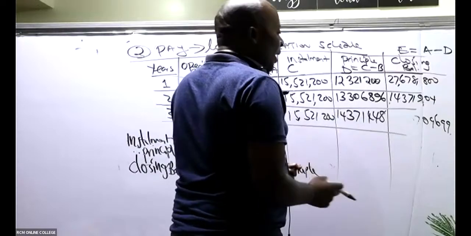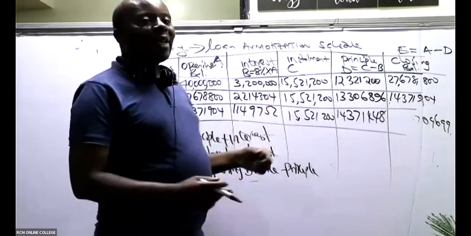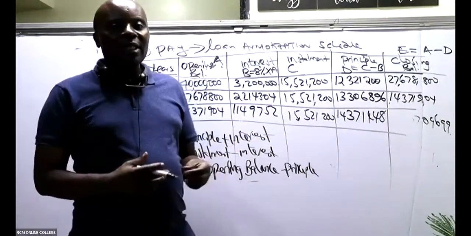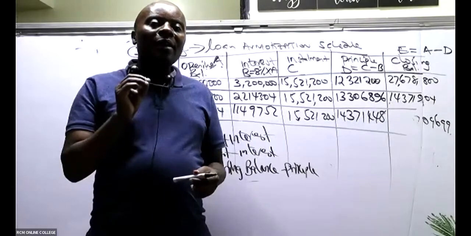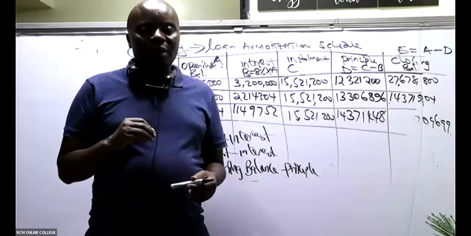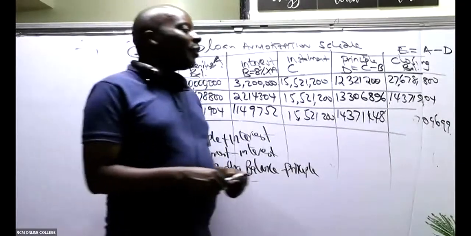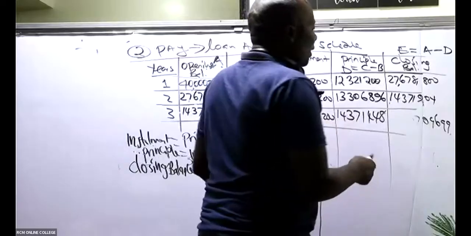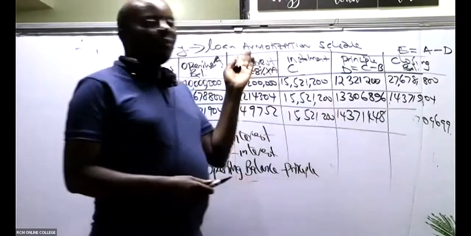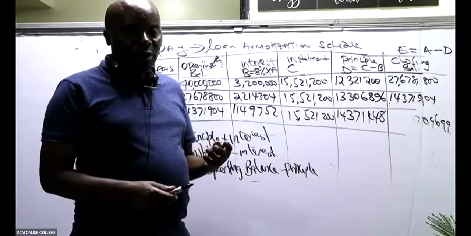I know that these numbers, especially when they are big numbers like this, rarely will they amortize to 0. But I don't have to show the examiner that I don't know. Even if I'm getting 300 or 400 out of 40 million, it is nothing.